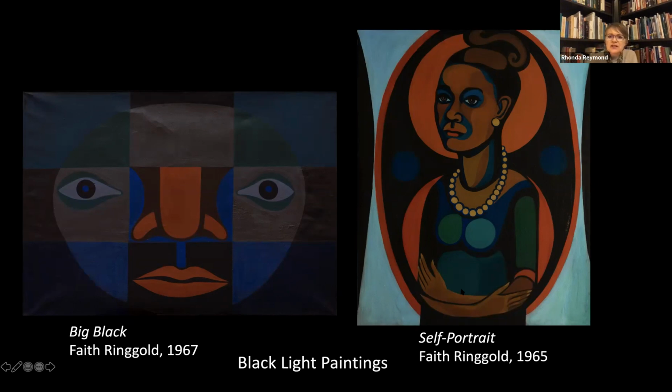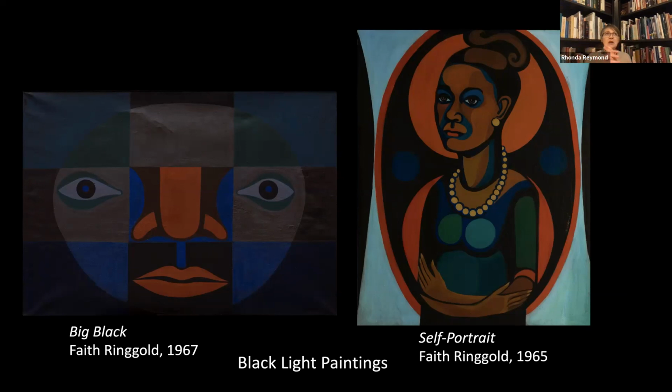And we see here in the self-portrait that Cubist element in her art, and also in work called Big Black light paintings. And something she starts exploring is getting away from chiaroscuro, the idea of shade, darks and lights.